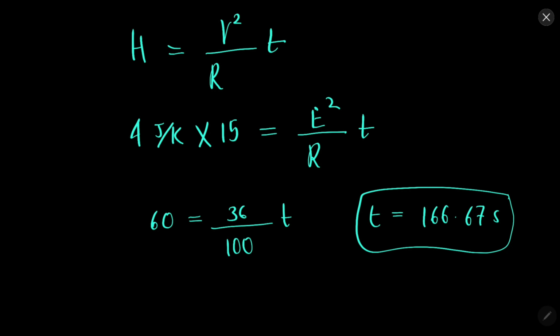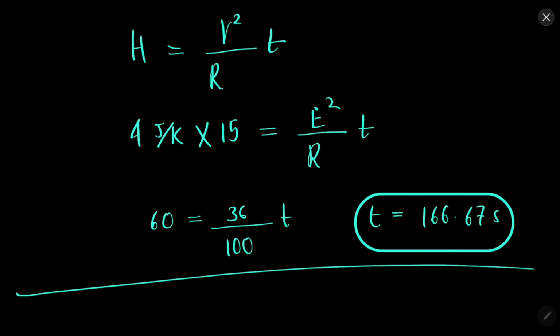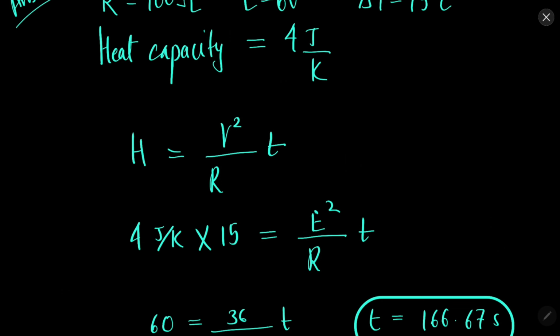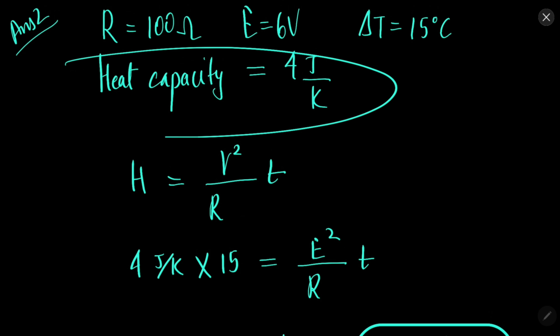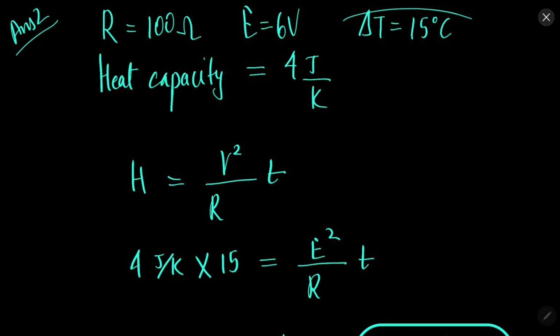So this much time will be required. Remember what we did, heat capacity was given and temperature difference was given. So heat was equal to heat capacity into change in temperature. Okay, so therefore 4 into 15.